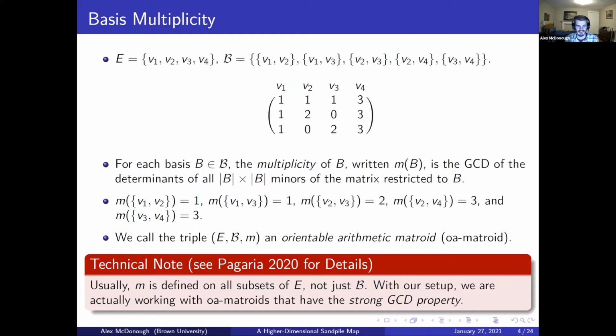And I can kind of get around this by giving this alternate definition, which works when we're requiring the strong GCD property. But yeah, it's a great question because it wasn't clear where orientable was coming from at all.